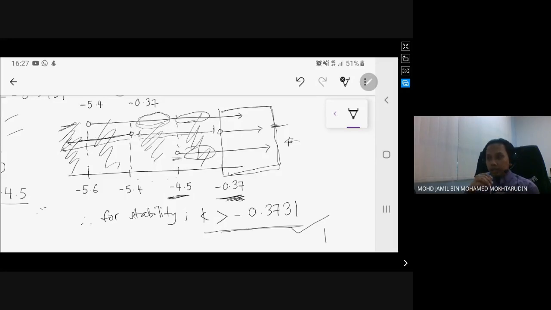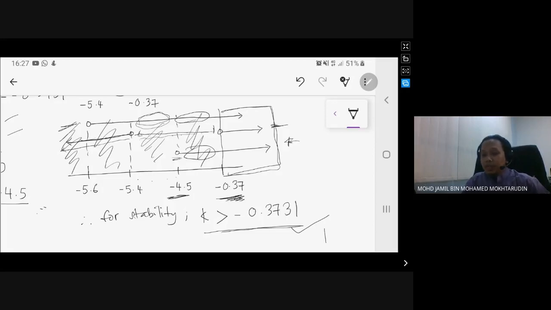And try to understand or read more about the reduction of block diagram and also about Routh-Hurwitz. Combine everything into one PDF if possible. If not possible, send them in one email. Do not send them separately. Nanti pening banyak sangat.